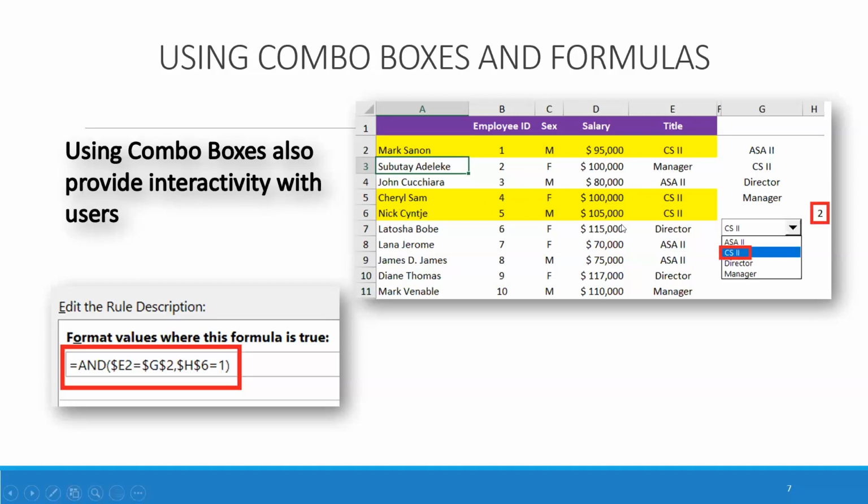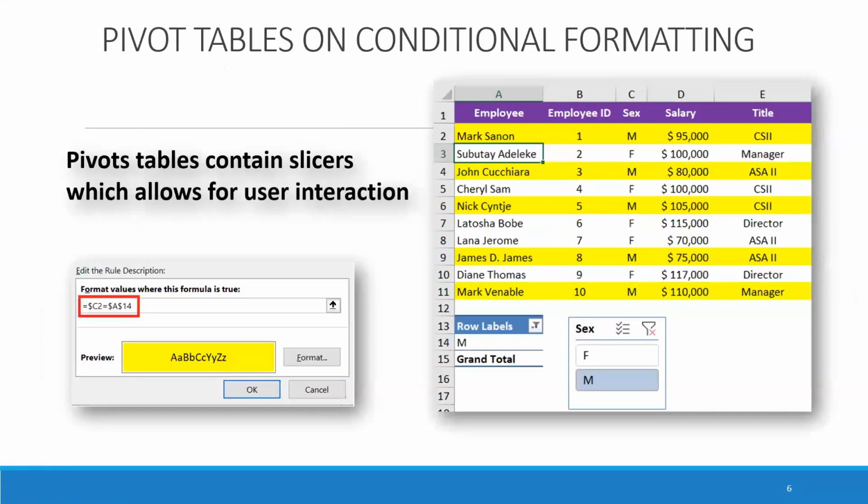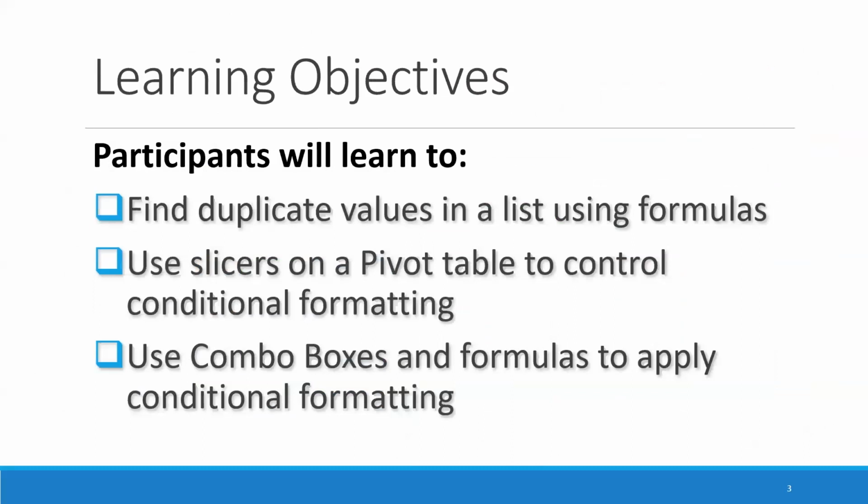So in this particular case, I'm going to let you select the title of the individual over here, and based on that selection, anyone who has that particular title within the list will receive the formatting that you specified with conditional formatting in Excel. Okay, so again, there's a lot to cover in 1 hour, so let's get to it now.